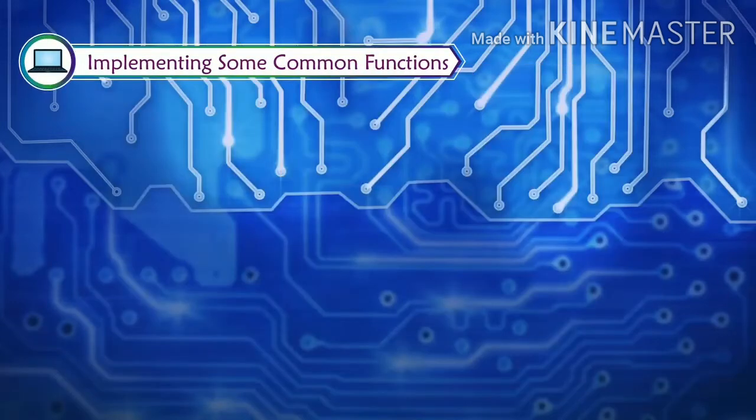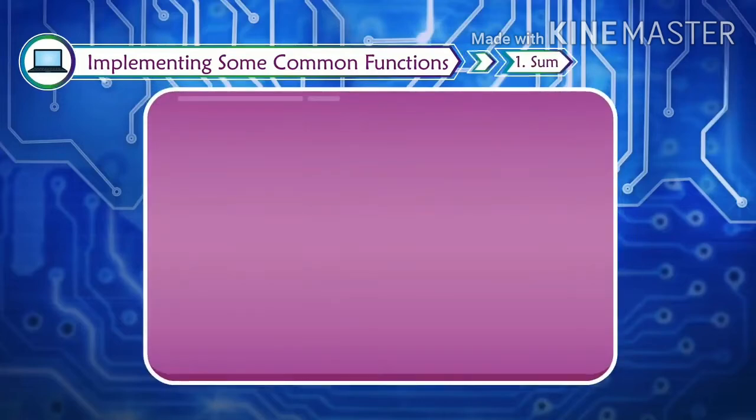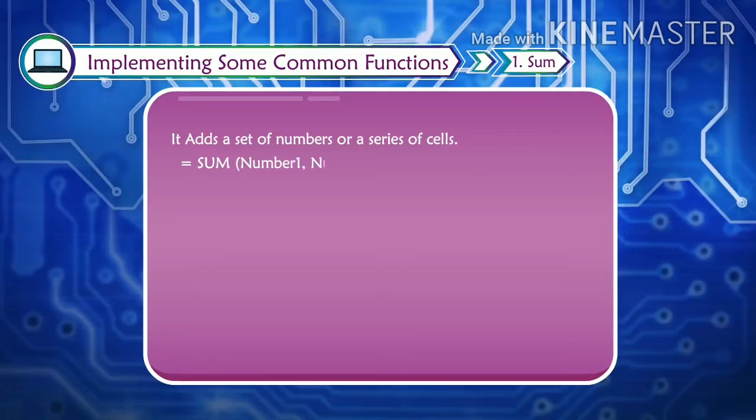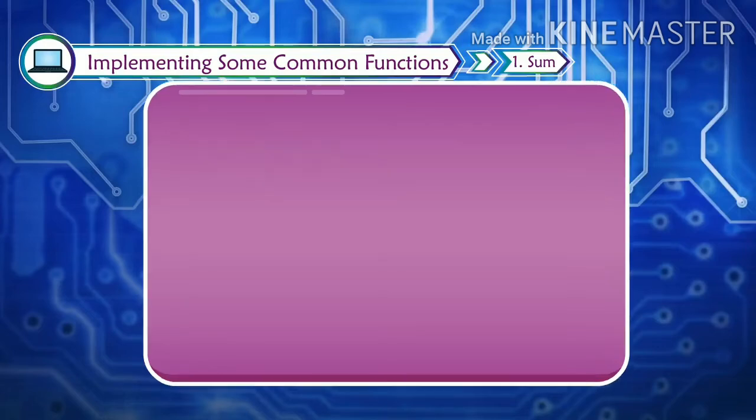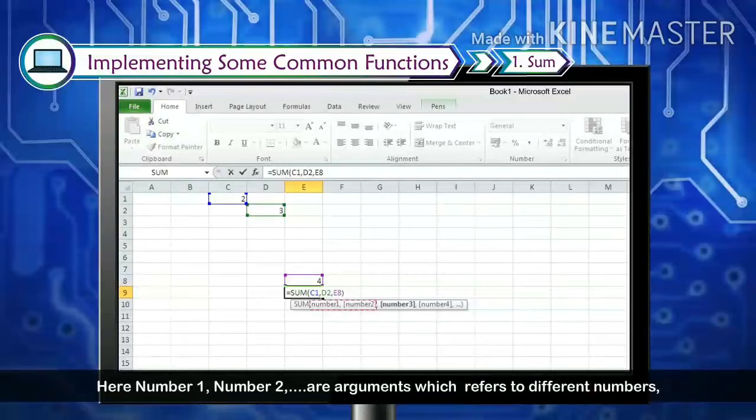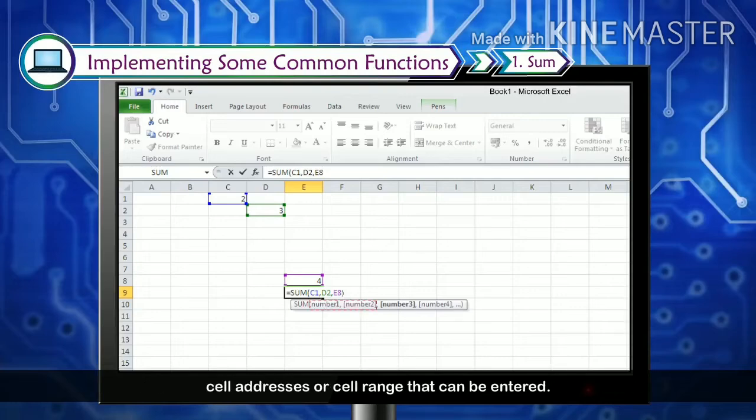Implementing some common functions. Sum. It adds a set of numbers or a series of cells: =SUM(number1, number2) and so on. Here number1, number2 are arguments which refer to different numbers, cell addresses or cell ranges that can be entered.